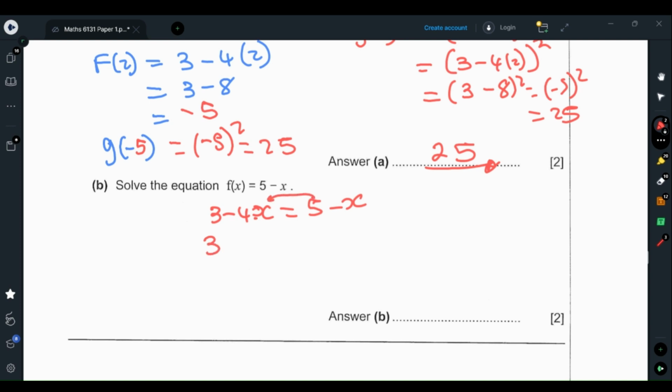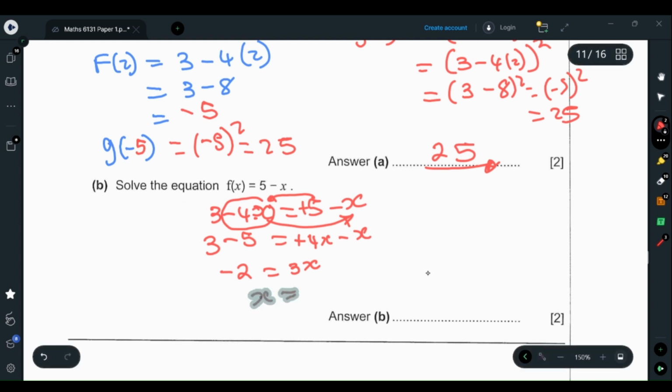So 3, bring this one to that side. Since it's positive here, then it becomes minus 5. This one is negative this side, take it to the other side. It becomes positive 4x minus x. 3 minus 5, we have minus 2. 4x minus x, that is 3x.